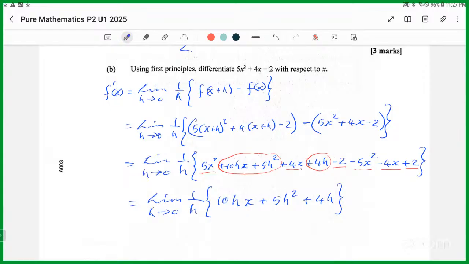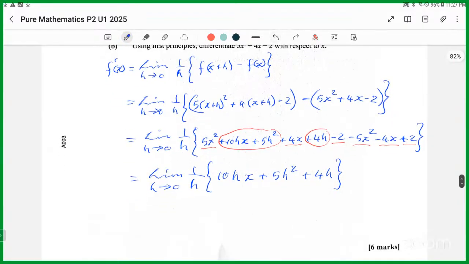What happens now is that I'm dividing each term inside by h. So h will cancel this, cancel that, and cancel that. And so this whole expression becomes the limit as h tends to 0. Cancel away this h, I get 10x.